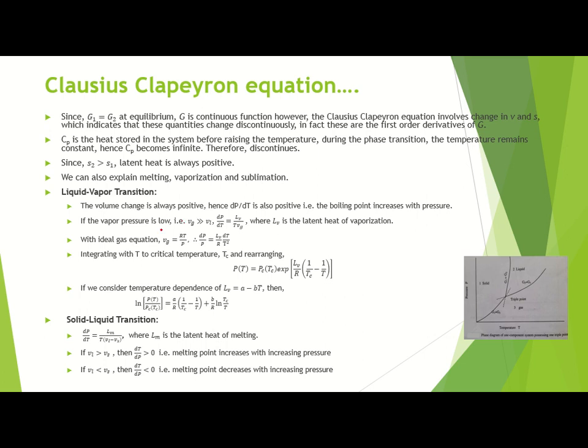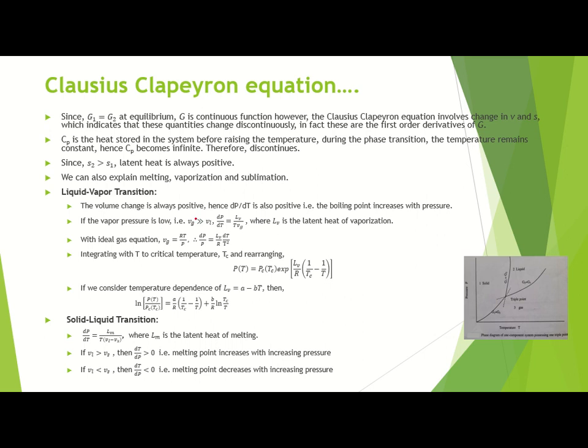And if that is very low, that means the liquid does not like to leave the liquid state easily. For example, for alcohols, the tendency is less. That means vapor pressure is large, so you can have more vapors in the atmosphere surrounding the liquid phase of that same material. Whereas water, it is relatively low.